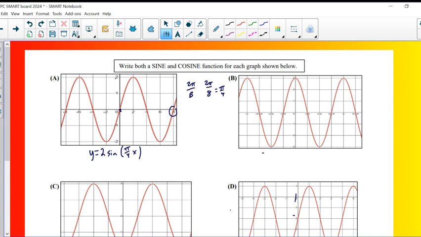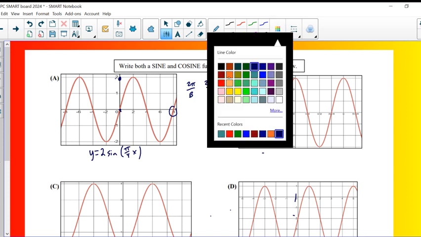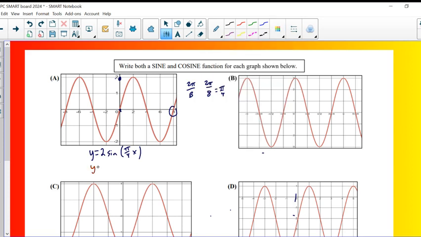Okay. Now, cosine, remember, cosine normally starts here. So if I want to make this a cosine equation, starting at the top, it's still going to have the same frequency, so pi fourths x. I'm going to have to shift my cosine.